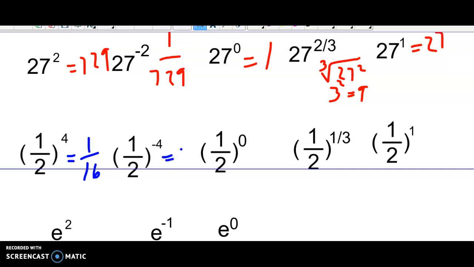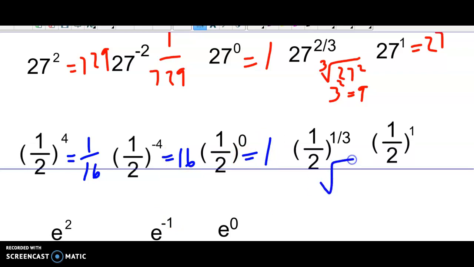I end up getting 16. Just like above it, when I had 27 to the second was 729, and 27 to the negative second was 1 over that. Well, here 1/2 to the fourth was 1/16, so 1/2 to the negative fourth is 1 over 1/16, or 16. A half to the 0 is 1.